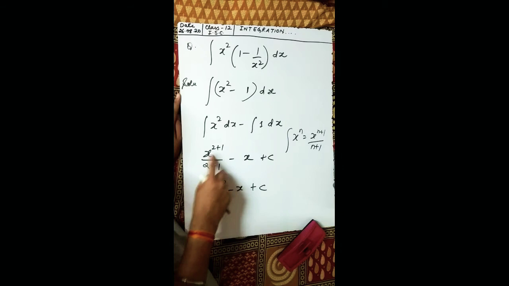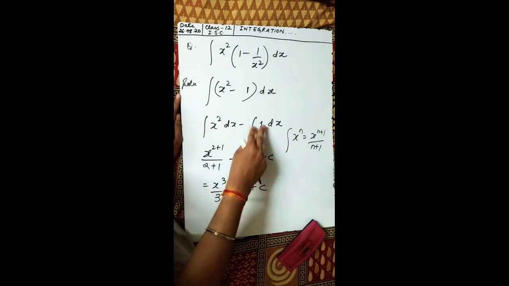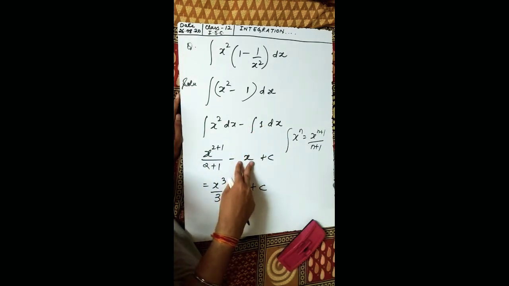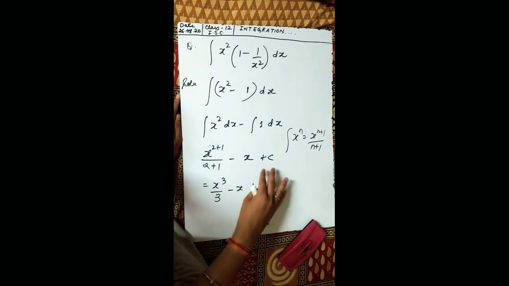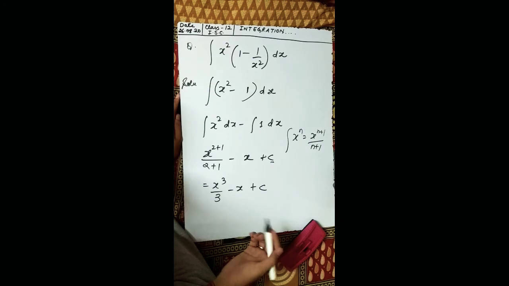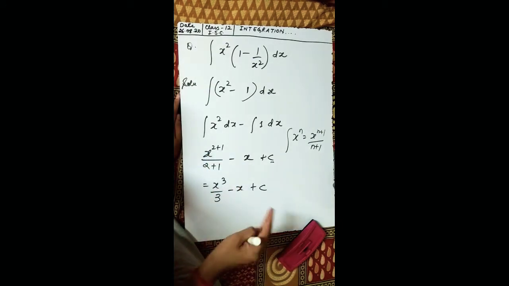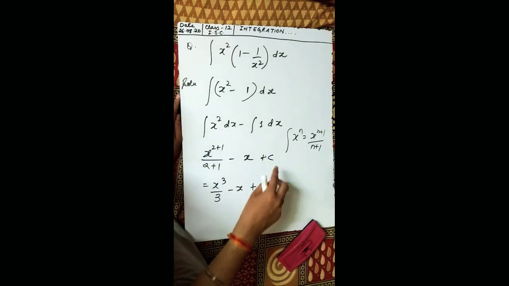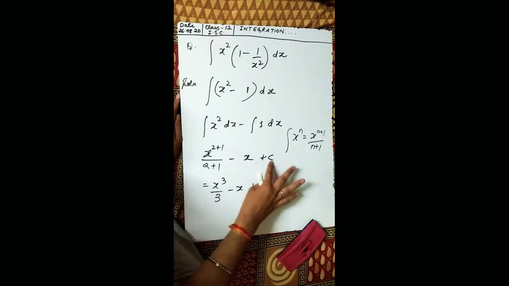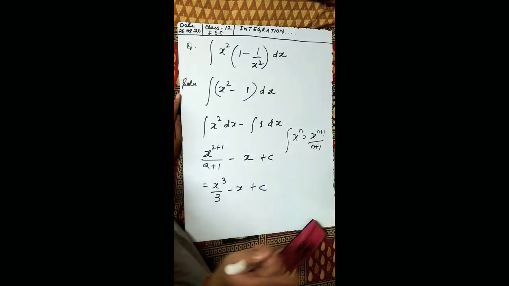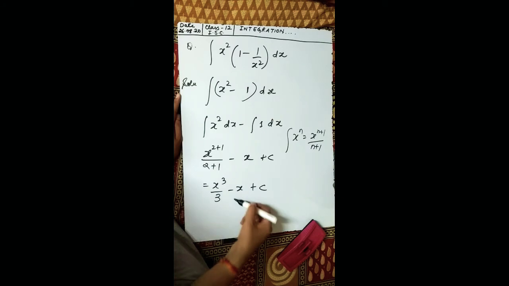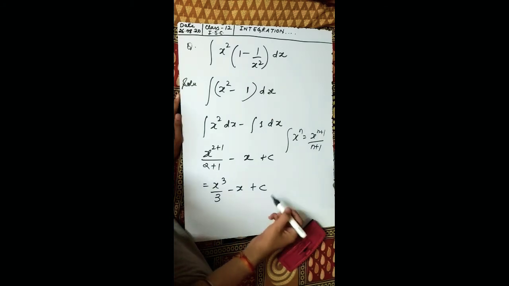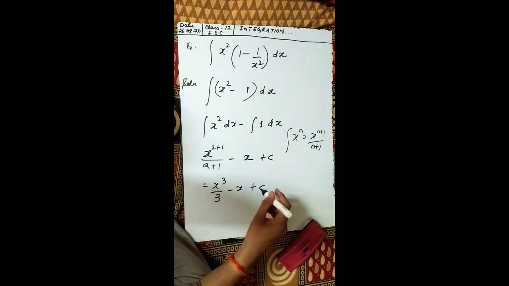So x to the power 2 plus 1 upon 2 plus 1, minus the integral of 1 dx, which is x, as I explained just a minute before, plus c. Why plus c? Because we are doing indefinite integration, that is why we add the constant term. So this will be x cube upon 3 minus x plus c. That is the final answer.